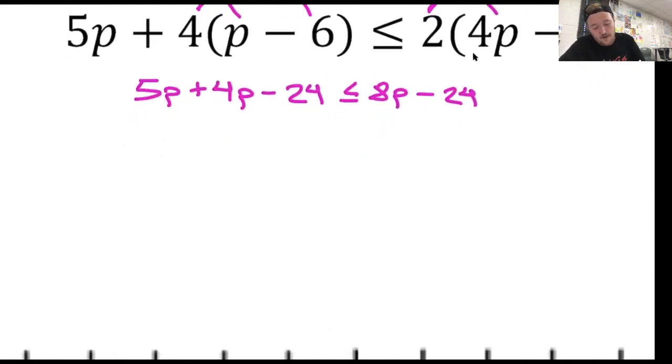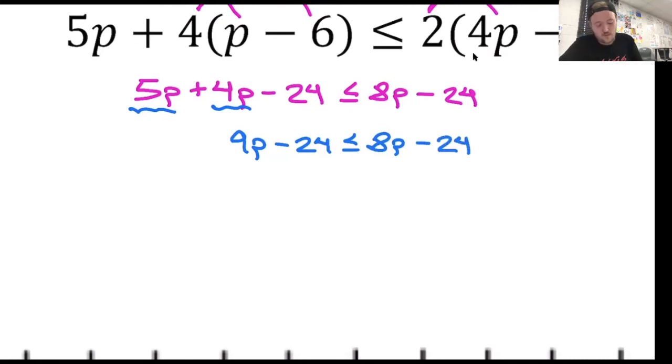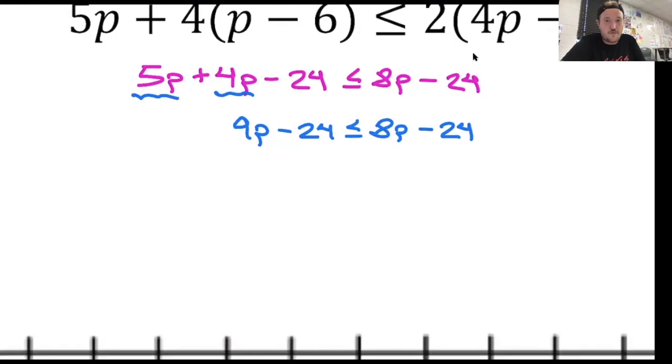All right, now I'm going to combine like terms. So I'm going to combine the 5p and the 4p. So I'm going to have 9p minus 24 less than or equal to 8p minus 24. All right, so now I'm going to move the variables. So between 8 and 9, 8 is my smaller one, so I'm going to move the 8.